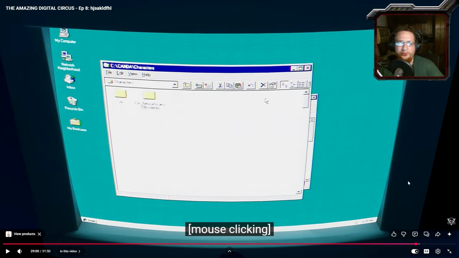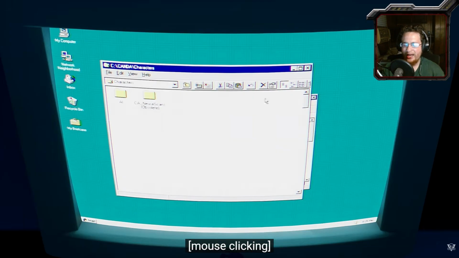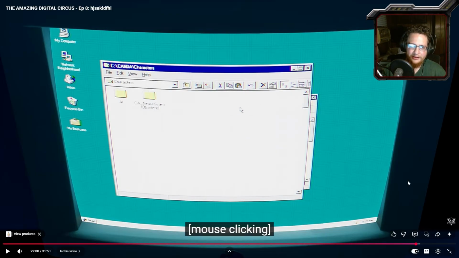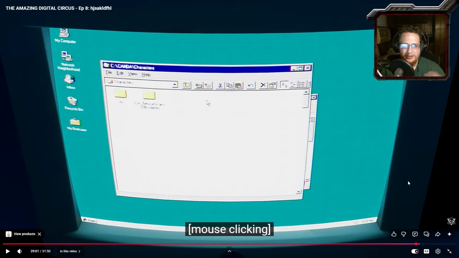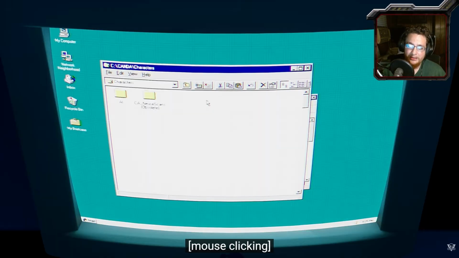So yeah, now we go into the characters and we can actually see the AI. And we can also see the neural scans. So the neural scans, it says obsolete, which is very strange. CA neural scan. I don't know why it says obsolete on it.